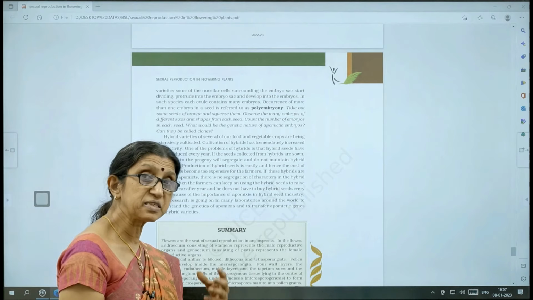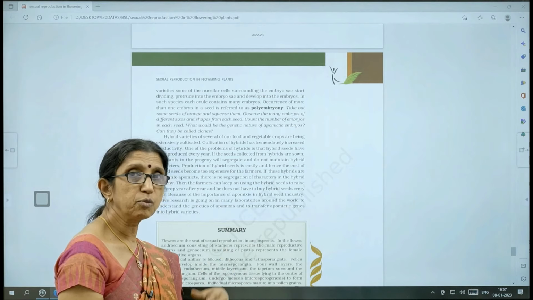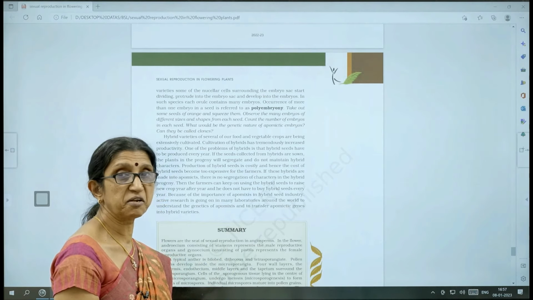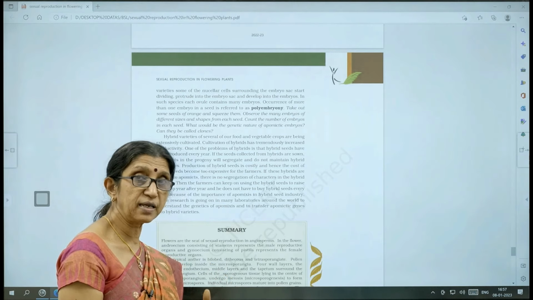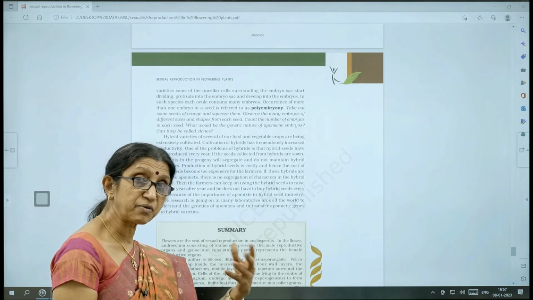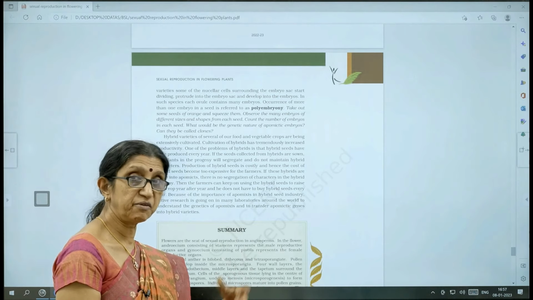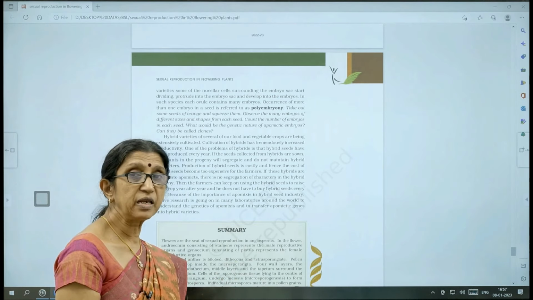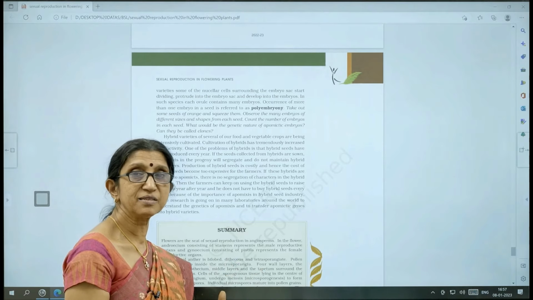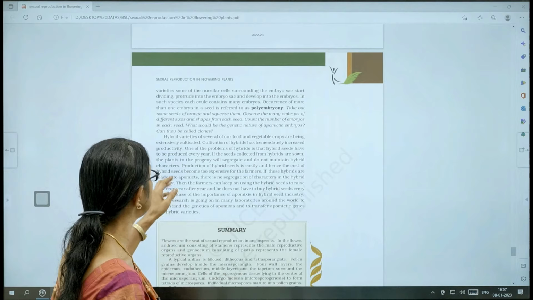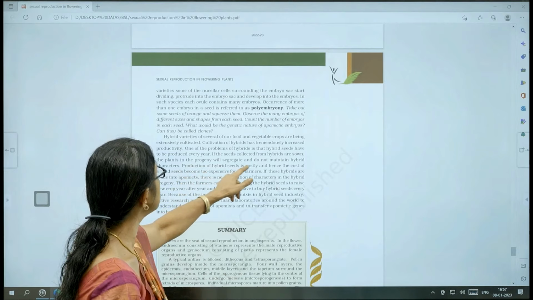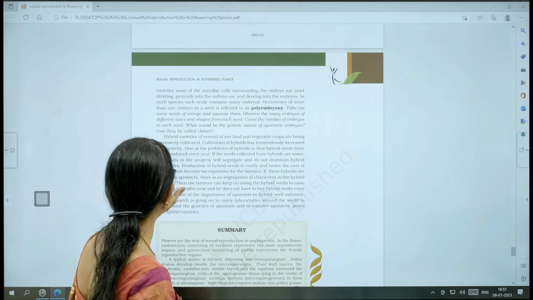Hybrid seeds cannot be used repeatedly for several generations. The vigor is seen in that particular generation only, and if we raise another crop from those seeds, we will not get the expected performance in the next generation. The reason is segregation of characters, so the progeny will segregate and not maintain the hybrid character.